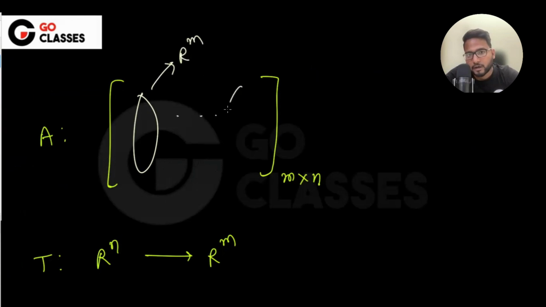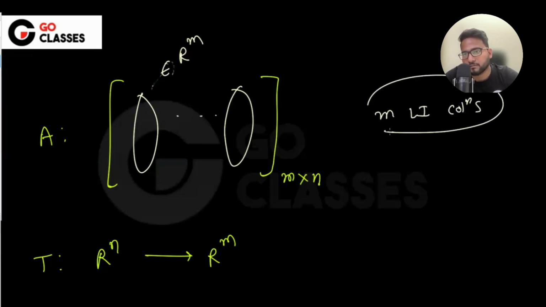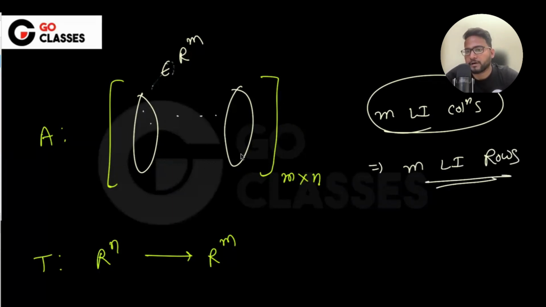If these columns are spanning Rm, then we need to check whether every row has a pivot or not. This is easy to check. If the columns are spanning Rm, then you need m linearly independent columns, right? Then only they can span Rm. If you have m linearly independent columns, then m linearly independent rows also, right? So if there are m rows, then everyone will have a pivot, right?